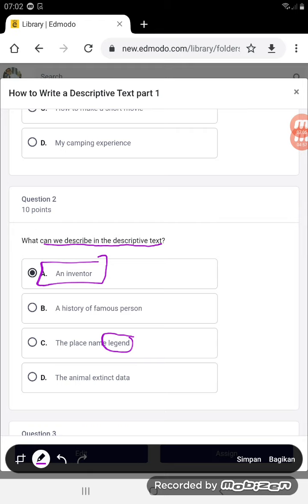Actually we can describe it, but that is not descriptive text, that is a report text, which you will learn in the 9th grade. So the best answer is A, an inventor. Have you got it?